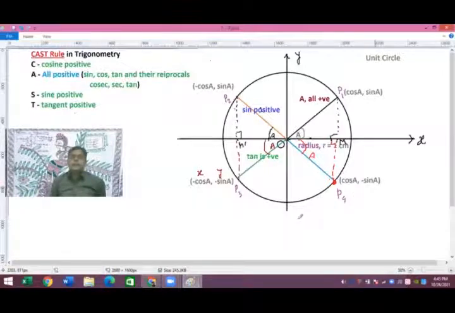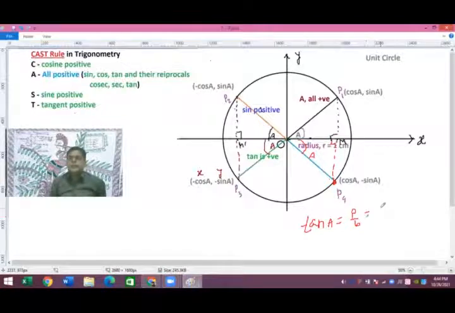And let's check for tan. So tan A in the fourth quadrant, I am talking here with respect to angle A from this figure. So tan A equals P by B. Let's check here, the perpendicular is the negative y, and this is the y coordinate, which is already here.